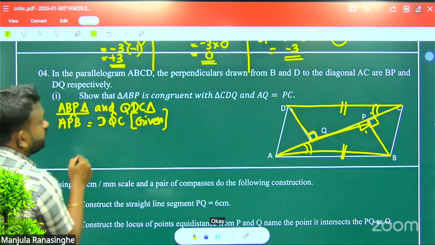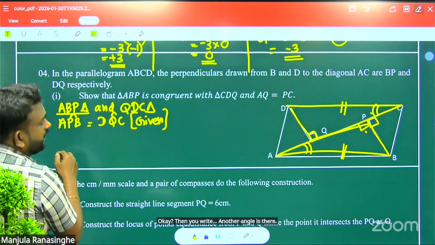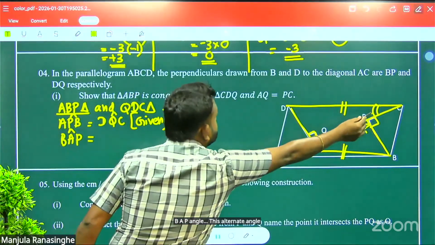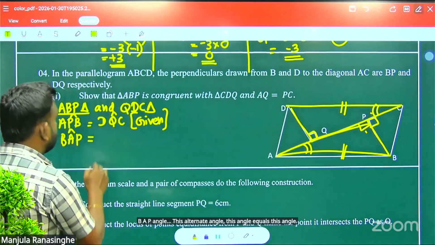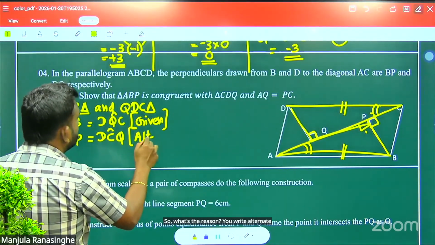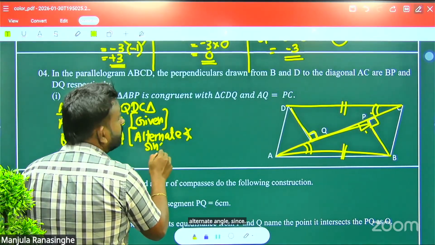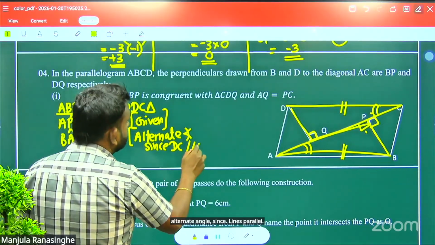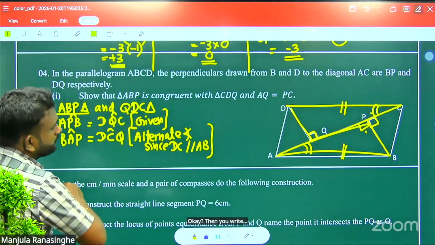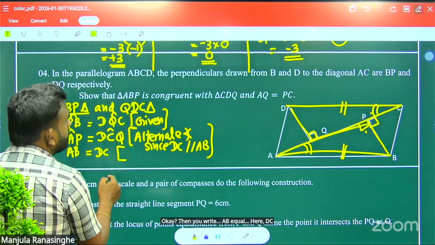Then you write another angle: angle BAP equals angle DCQ. What's the reason? Alternate angles, since the lines are parallel, DC parallel to AB. Then you write AB equals DC. What's the reason?